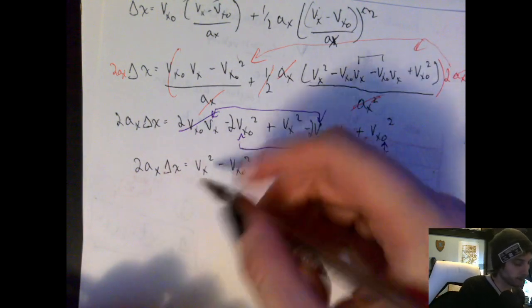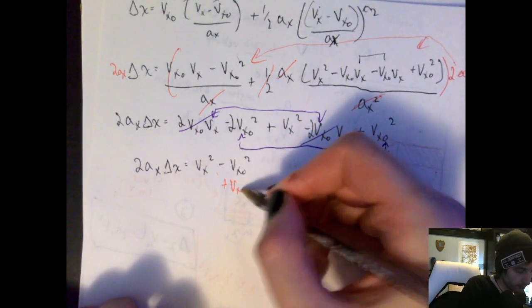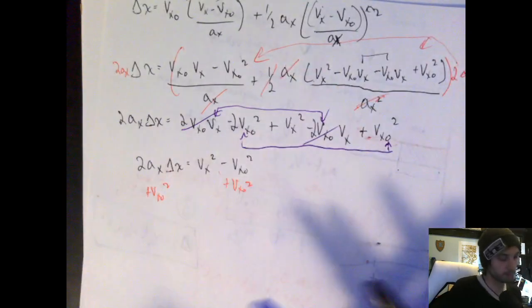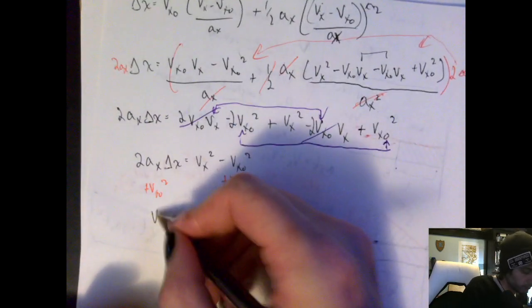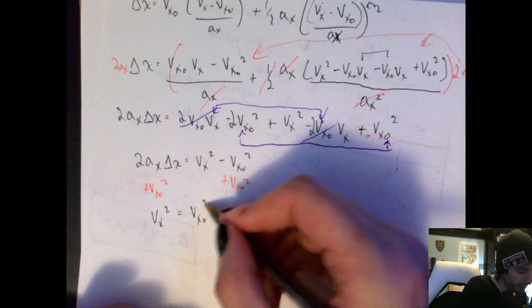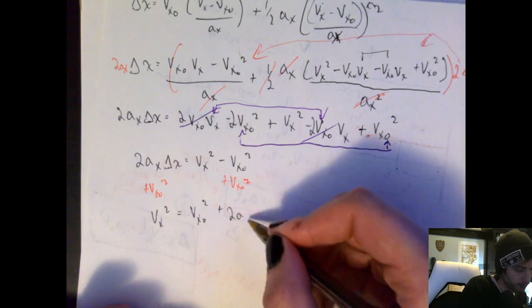One last step. Add Vx naught squared to both sides. So our final equation, just for the sake of getting it a little bit prettier, is this.